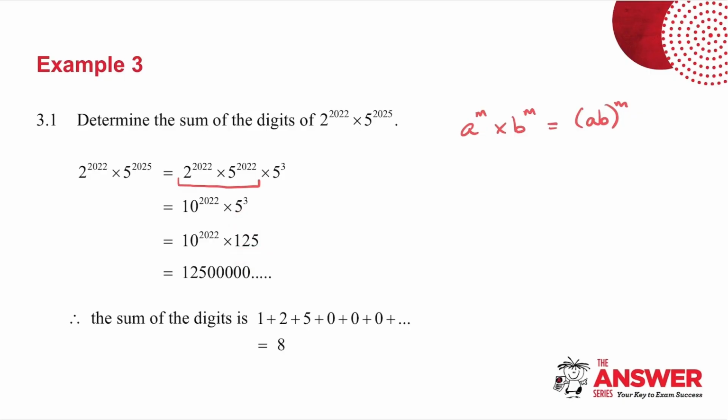And if I take 125 multiplied by 10 to the power anything, I get 125 and then a whole lot of zeros. The question said, what is the sum of the digits? So the sum of the digits is 1 plus 2 plus 5 plus many, many zeros. In other words, my answer is 8.